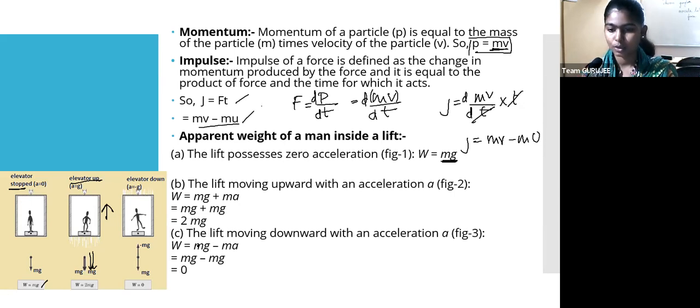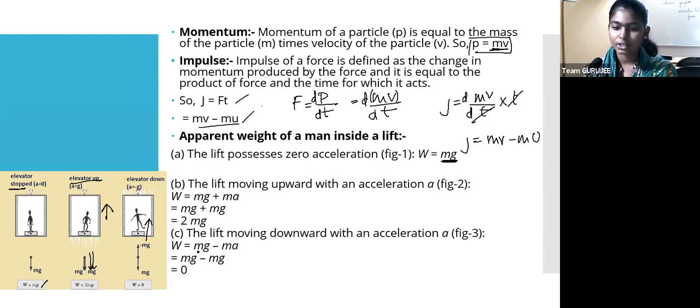And in the case of your lift moving downwards, the lift is moving with an acceleration of a. Already you have a weight of mg, and you're also moving with an acceleration a, and your body will be facing something upward, which is nothing but your mg only.